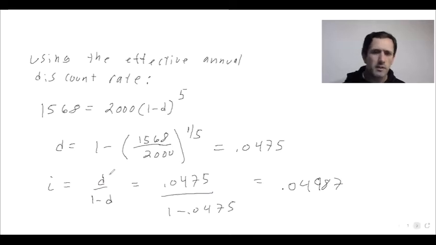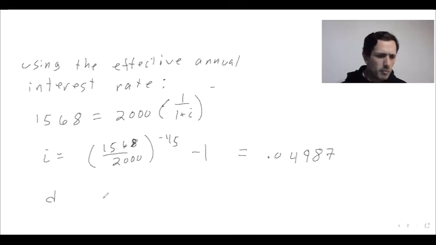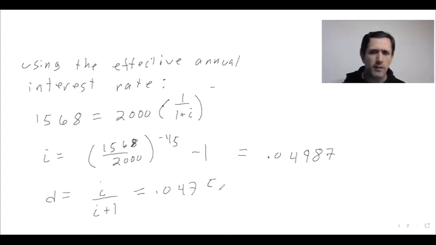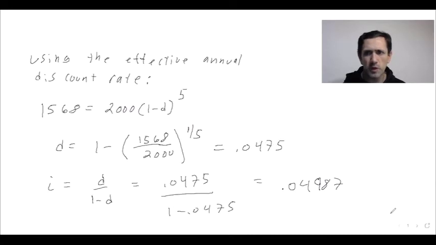Better be. And dump this into our formula. We get d is i over i plus 1, which is 0.0475. Okay, which again is exactly what we got before. So doing either method works.